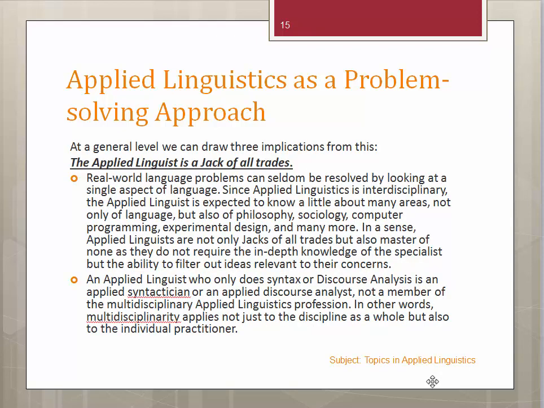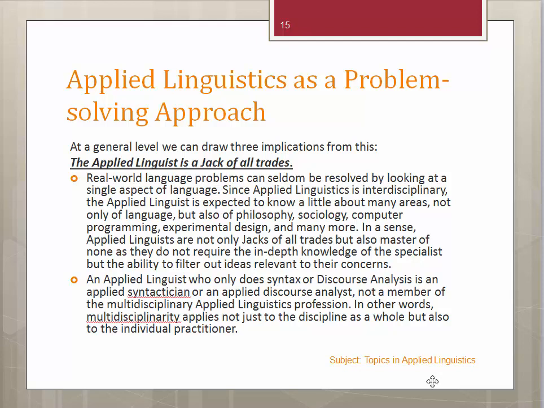Real-world language problems can seldom be solved by looking at a single aspect of language. Since we know applied linguistics is interdisciplinary, the applied linguist is expected to know a little about many areas, not only of language but also of philosophy, sociology, computer programming, experimental design, and many more.